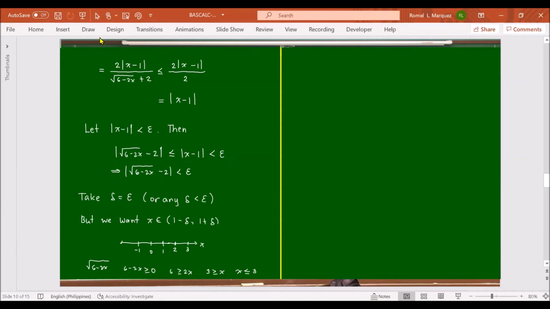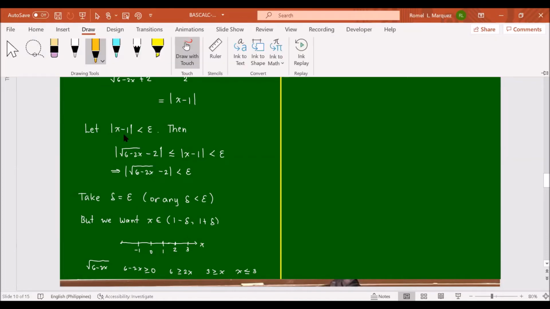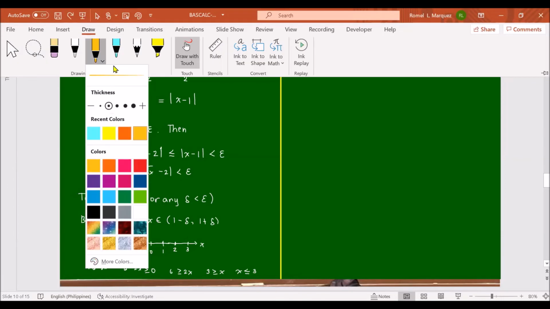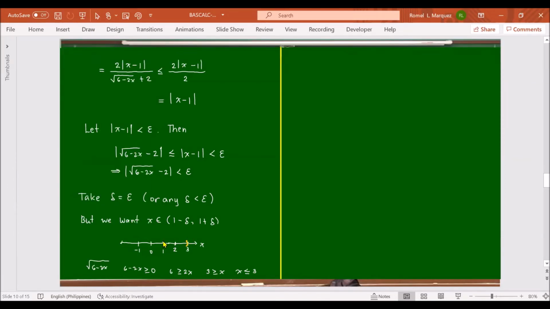So the maximum open interval that we can have containing x equals a, although we do not want x equals 1, is this interval. Up to this. So our delta is 2, at most 2 units away from 1. So that's the maximum delta that we can take.